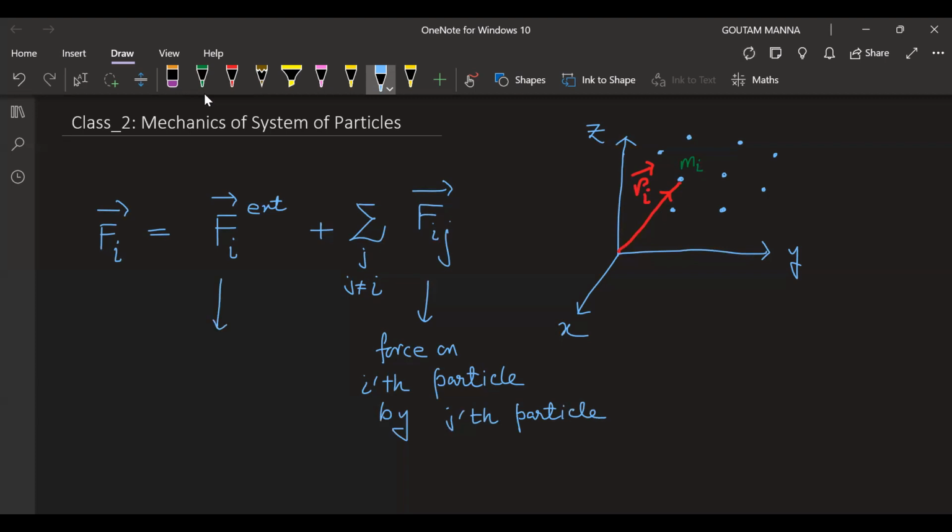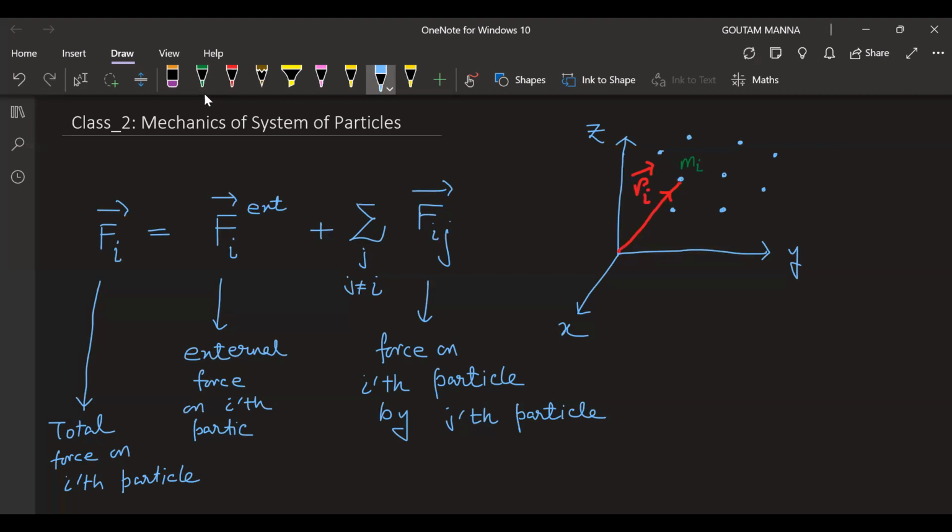So this is the external force on the ith particle, and the summation of these two will be the total force on the ith particle.